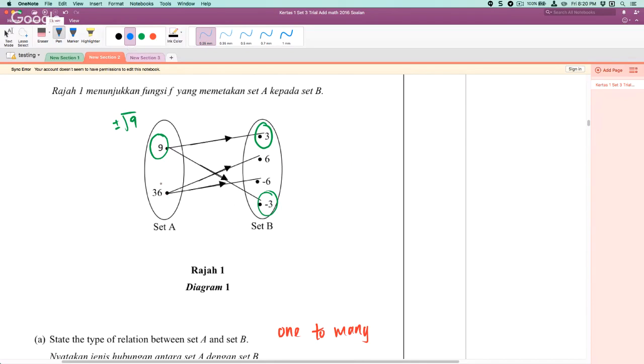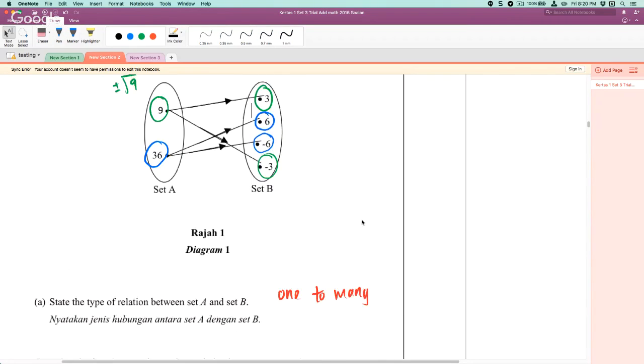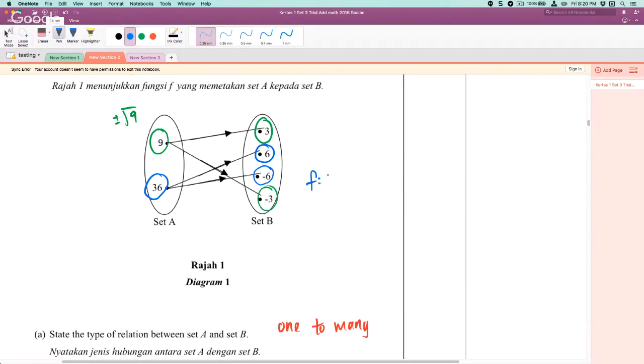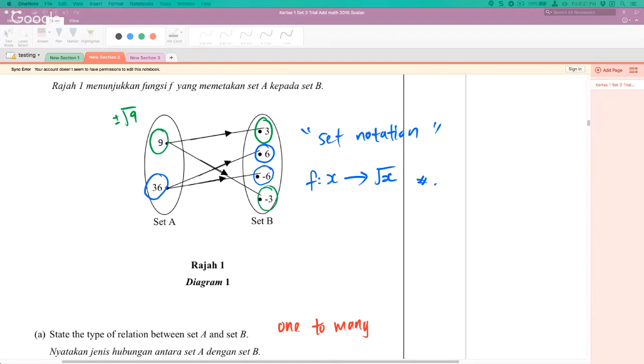Same thing, if I take the square root of 36, I will get positive and negative 6. So our answer is f: x → √x. This is my function for the square root of x. This is the so-called function notation. If the question asks about function notation, you just write the formula for it. Okay, then I will move on.